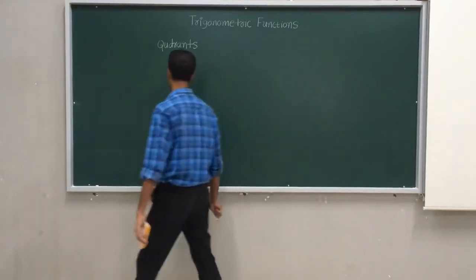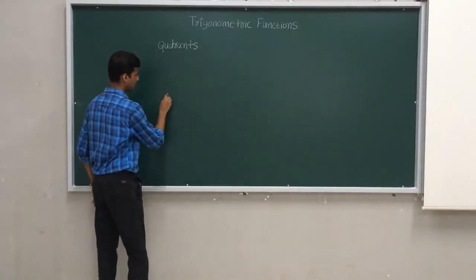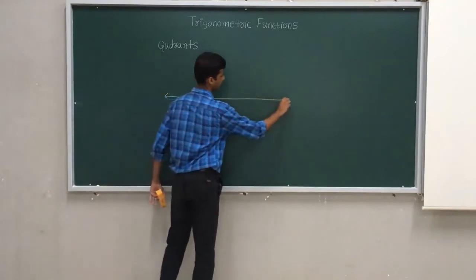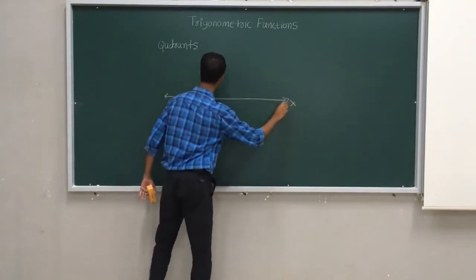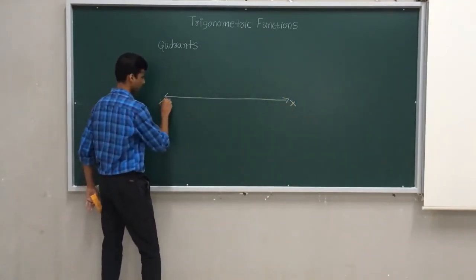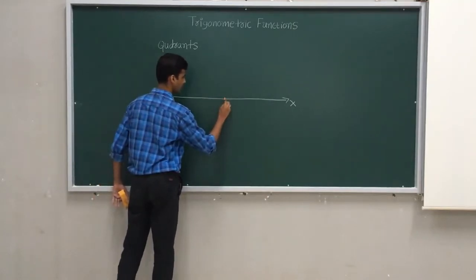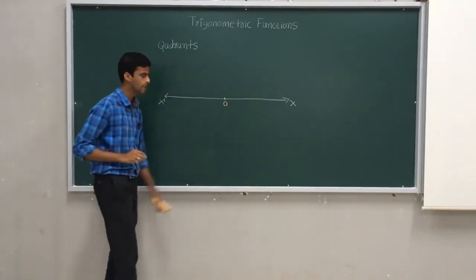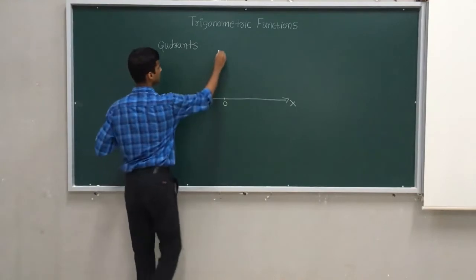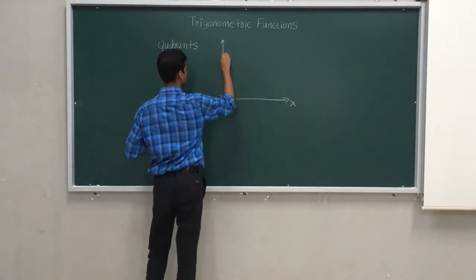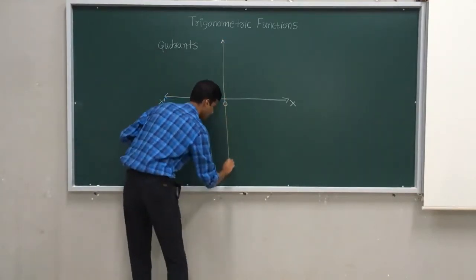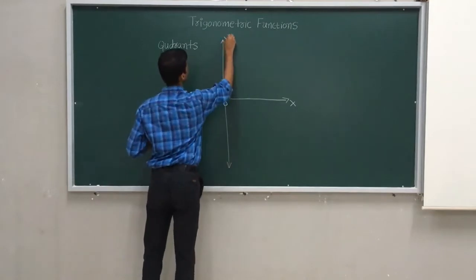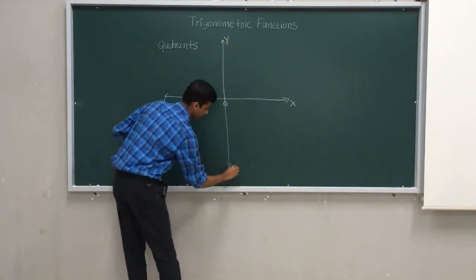So what is a quadrant? I will take two straight lines. One is X dash O X, which I have considered as the x axis. Now I will take positive y, negative y.